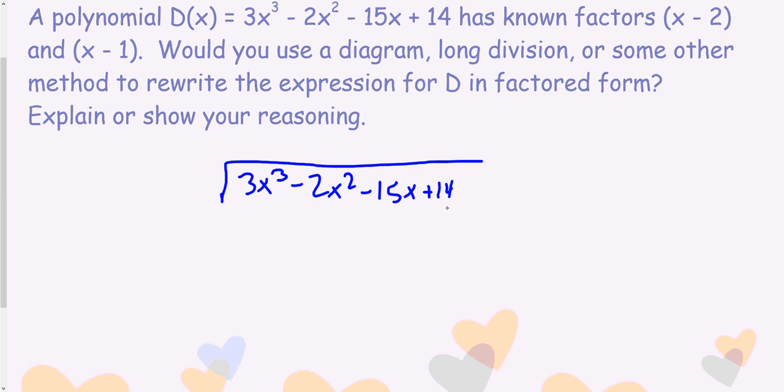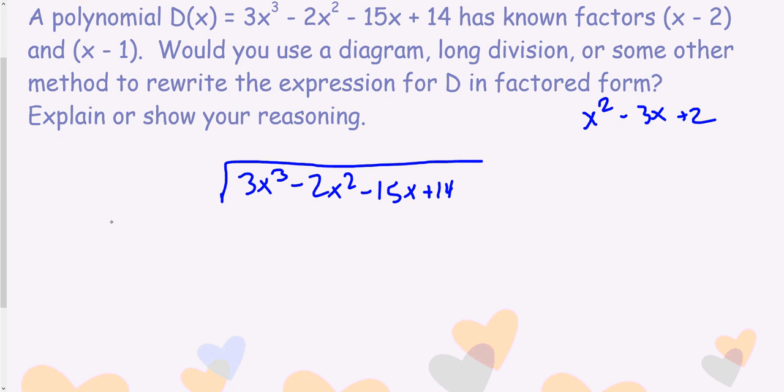Since you're given two factors, why not do long division and divide them both out at the same time? How does that work? Multiply these two together. Remember, x minus 2 times x minus 1 is going to be x squared minus 3x plus 2.